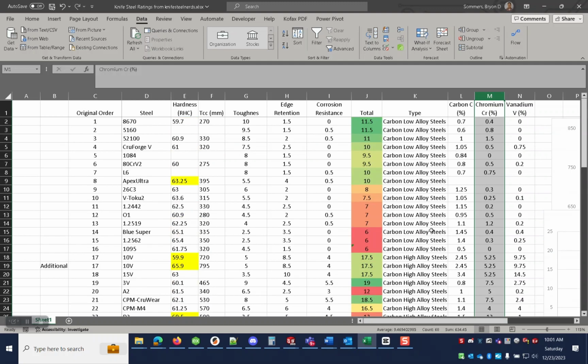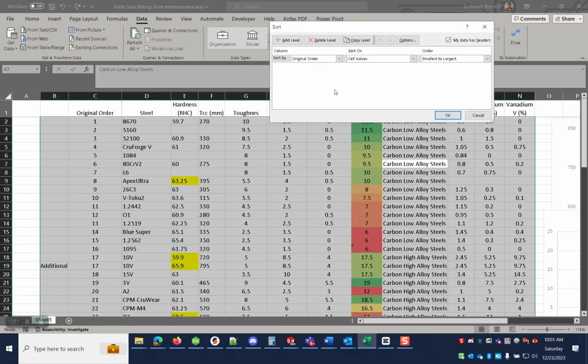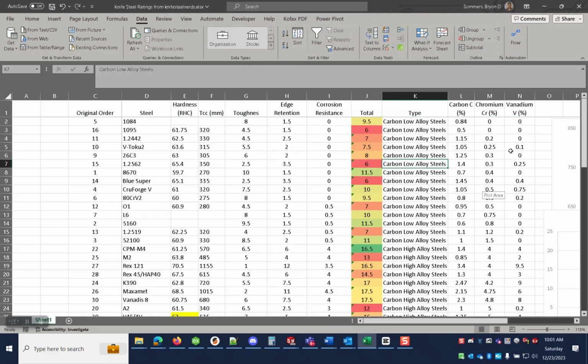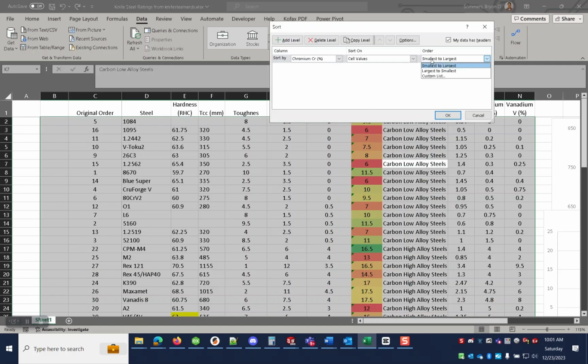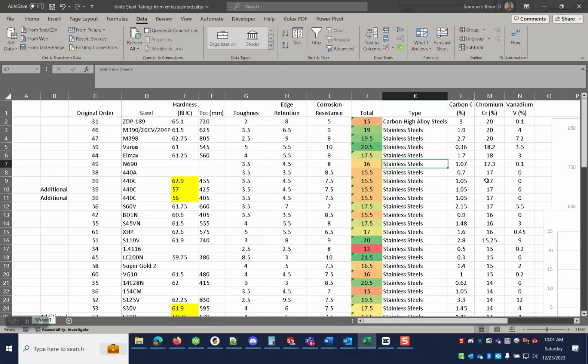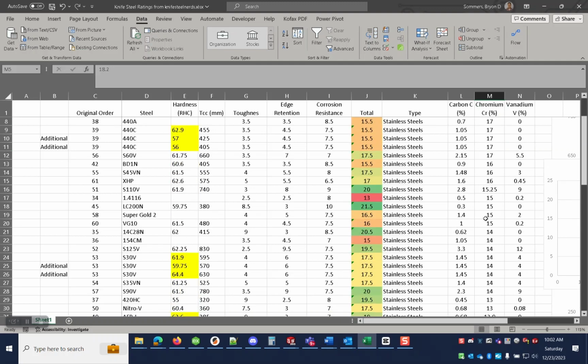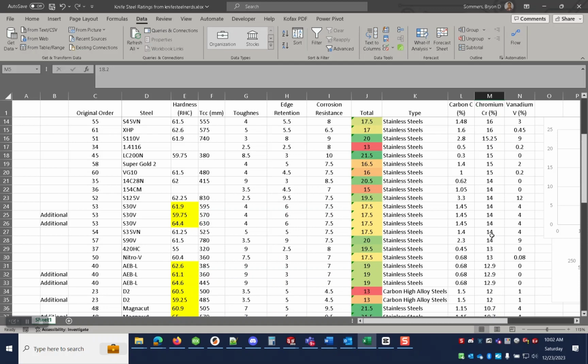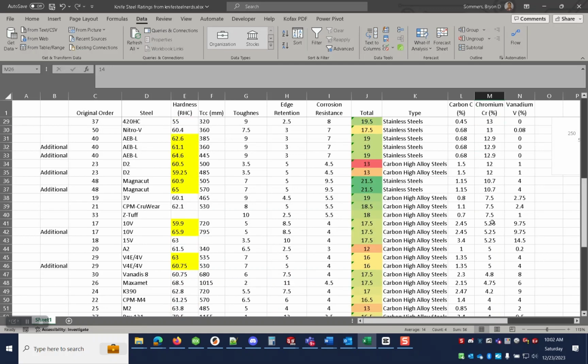In fact, let's sort by highest to lowest. 20%, NX 18%. Of course, all the stainlesses are at the top. 15%, S30V 14%.